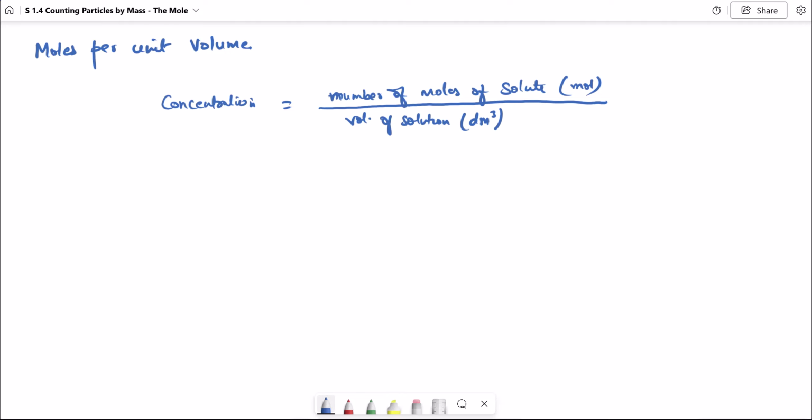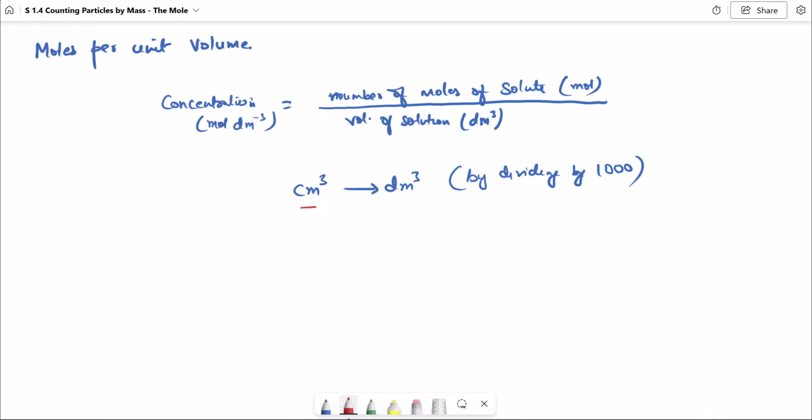So the unit will be mole per dm cube, right? So you must make sure you change centimeter cube to dm cube. How to do? By dividing by 1000. In the question, if this is given in centimeter cube, convert into dm cube by dividing, right?